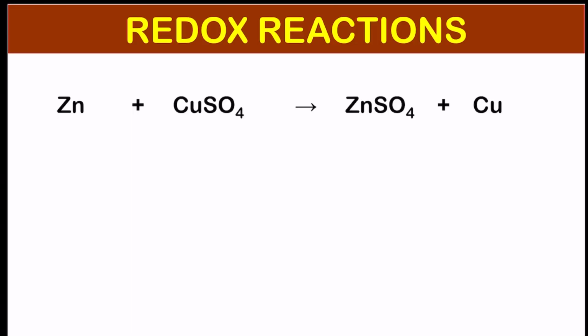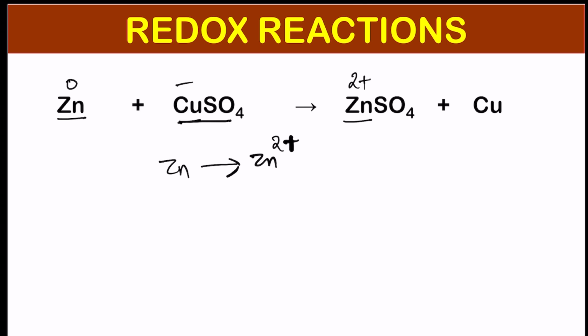Let us look at the next one. On the reactant side, we have zinc and copper sulfate. Zinc is in its elemental form, oxidation state is 0. On the product side, zinc is converting into zinc sulfate where Zn exhibits an oxidation state of +2. So zinc is changing from 0 to +2, implying an increase in oxidation state. It is undergoing oxidation.